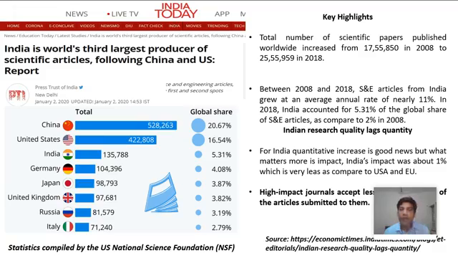Now, the next thing is how we can publish an article in high impact factor journals. As I have mentioned in this slide, there are various steps which you have to follow to publish an article in a high impact factor journal.